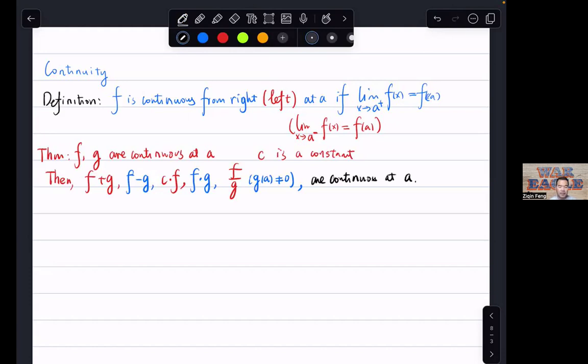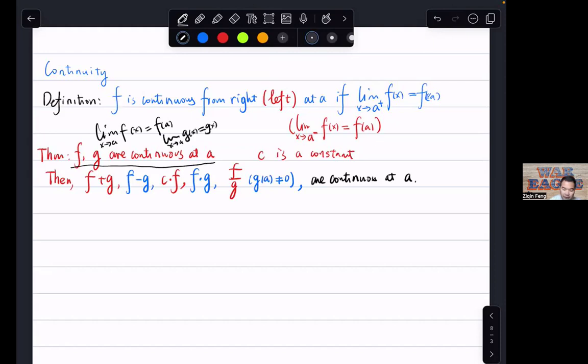You can easily derive them from the definition of limit and also from the fundamental laws in evaluating limits. Because these two assumptions mean their limits exist as finite numbers: as x goes to a, f of x equals f of a, and g of x equals g of a.